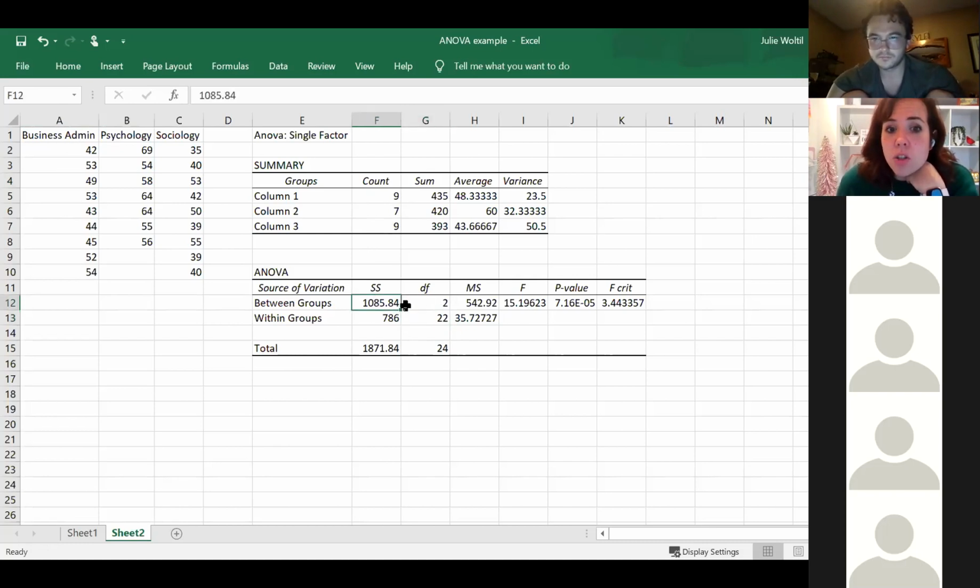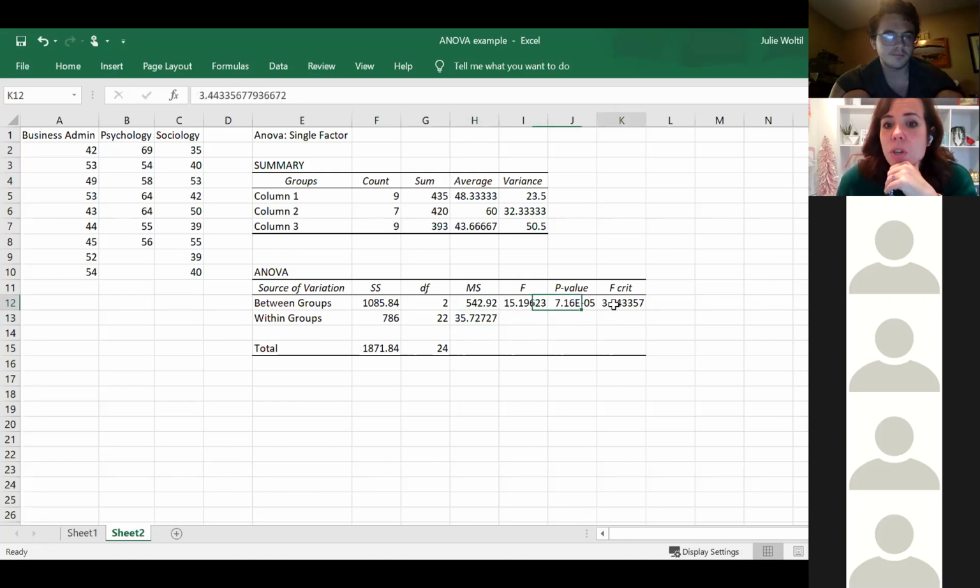And then you are doing the sums of square divided by the degrees of freedom, right? Just like we did earlier. That gives us 542 for between groups. 786 divided by 22 is 35.72. And lastly, you divide these two, between groups divided by within groups, which gives you an F ratio of 15.20 if we round up. Okay?